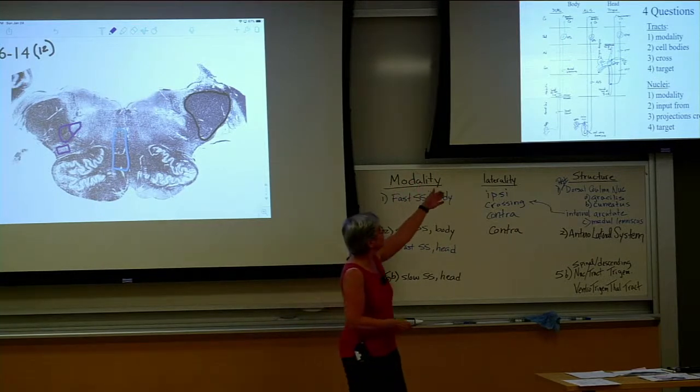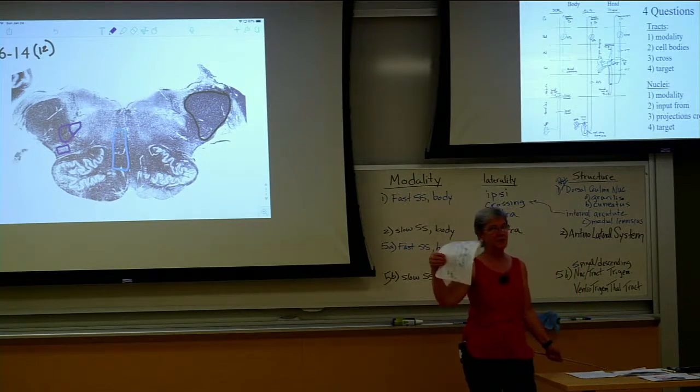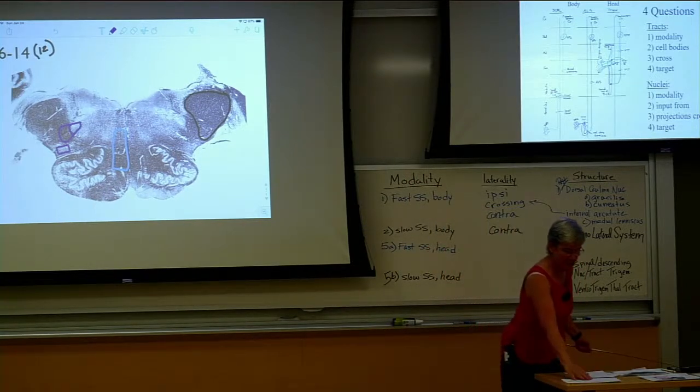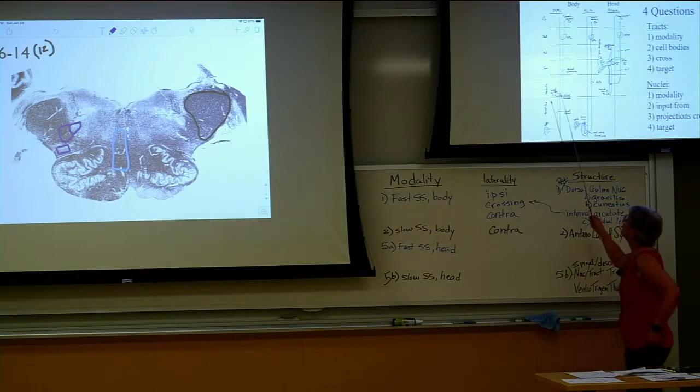So now we're going to look at our pathways, and again, you will have to look on your handout. There's no way you're going to be able to see this up here on the board, but it gives me something to point at.